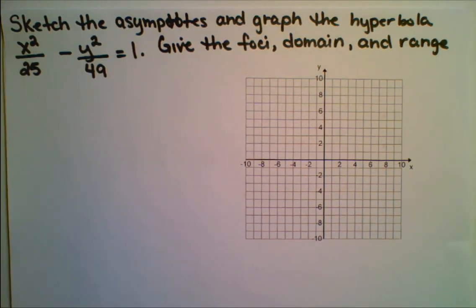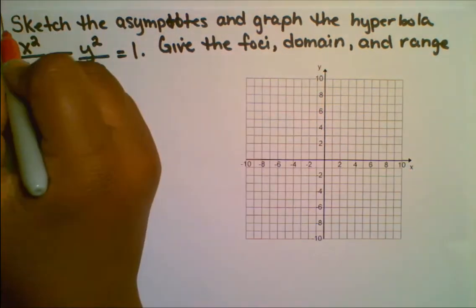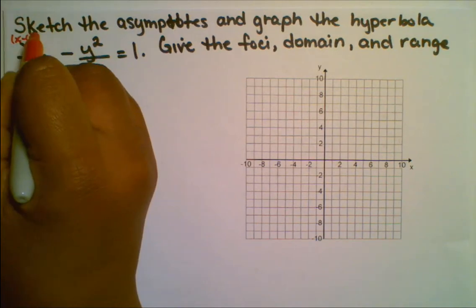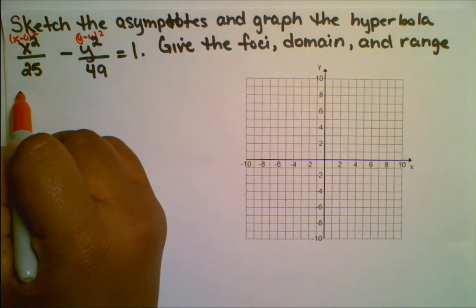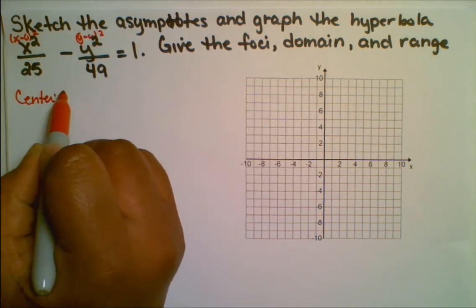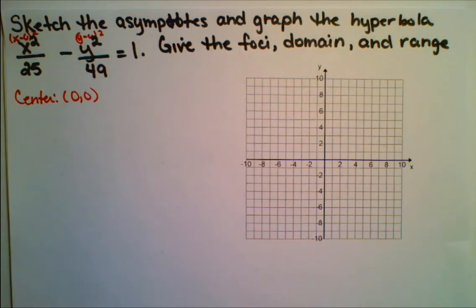So this x squared and y squared, we could write that as x minus 0 squared and y minus 0 squared. And so our center is 0, 0. Okay. Now, how do I determine if this equation will be horizontal or vertical?